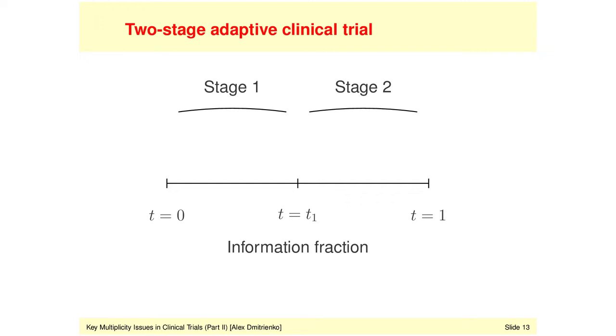And the interim analysis is performed at the information fraction of t1. So as shown on the slide, all of the data that is available to us prior to the interim analysis will be referred to as stage 1, and then stage 2 serves as an umbrella for all of the data that will be collected between the interim analysis and the final analysis.